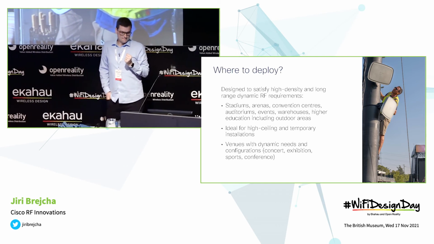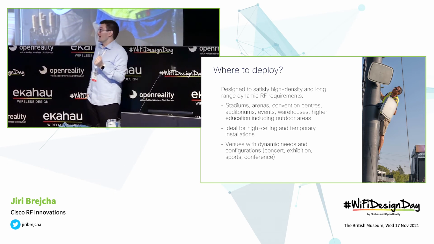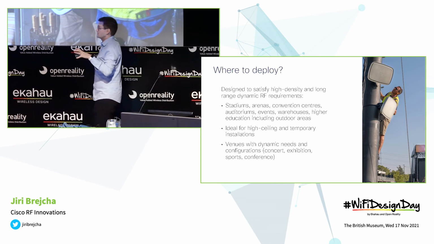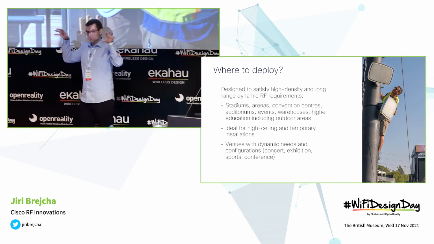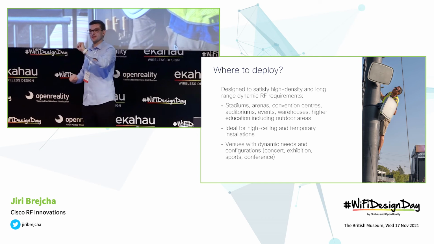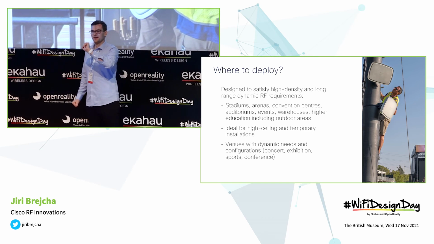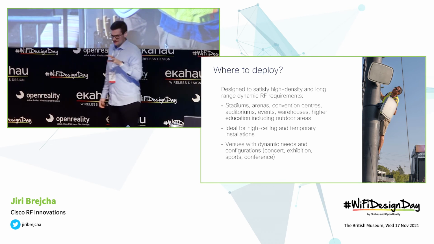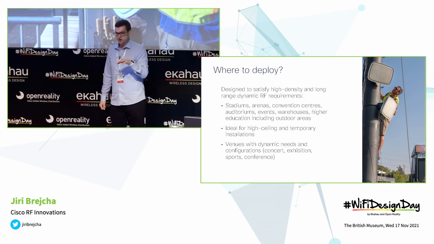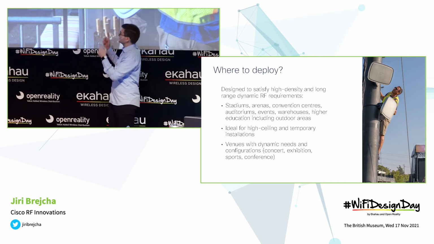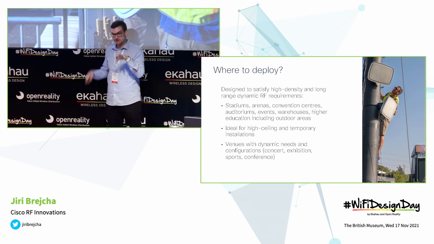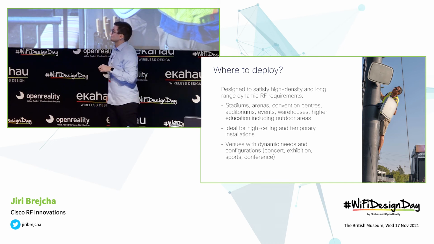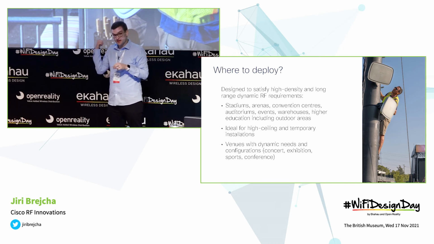From the deployment perspective, this is ideal for large auditoriums, wherever you need focused coverage. Matt and Mac spoke about a warehouse where they use the previous generation of the antenna, the 2513. That could be a really good use case for this antenna as well, because it gives you all the benefits of the previous generation, plus you can do the steering.